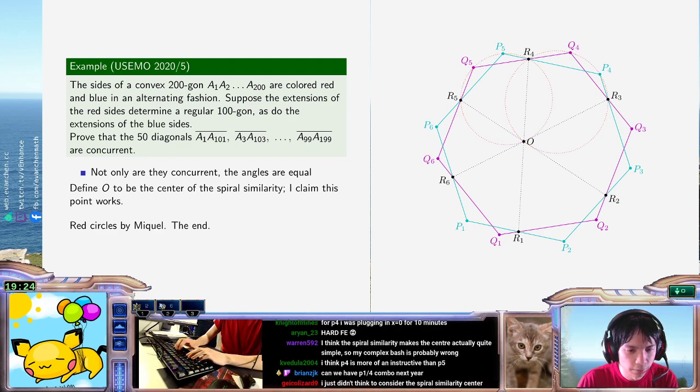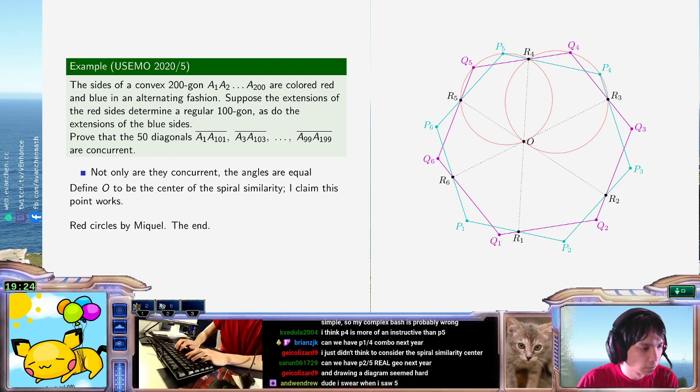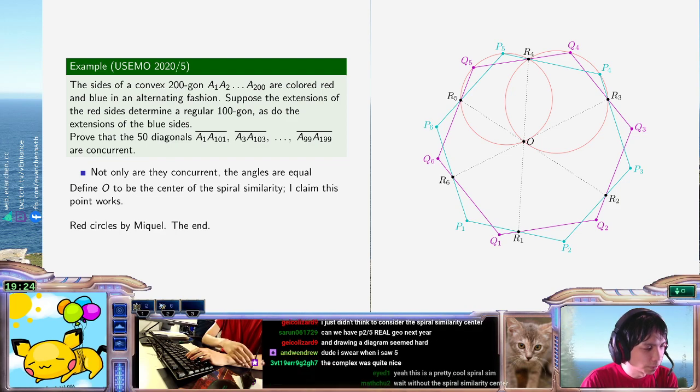Or, sorry, no, I don't need them to be dotted. I'll just make them light red. I just didn't consider the spirals. Okay.